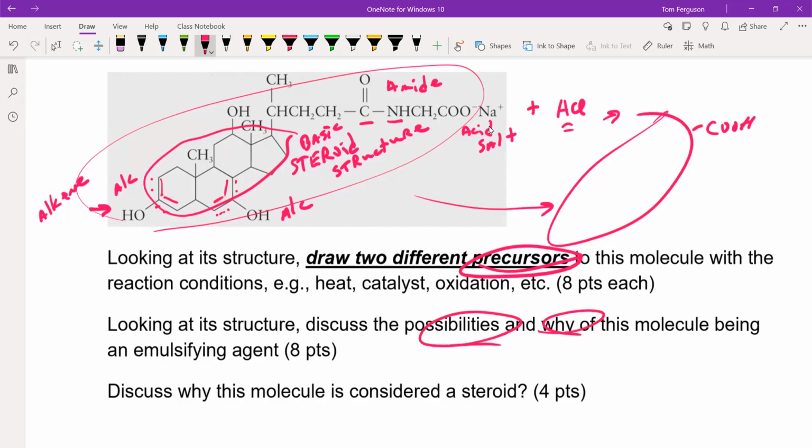Emulsifying agent. Do we have polar and nonpolar areas? Yes, we do. We have the ionic part, so let's do something like that here.